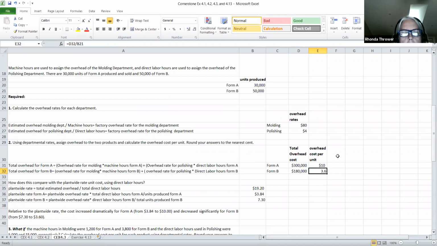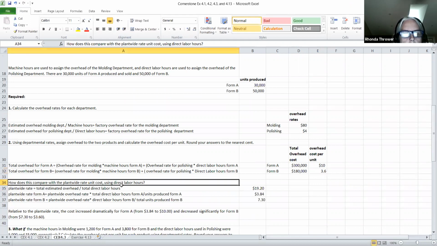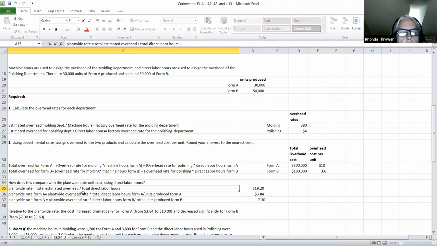Now, in this next part, they're just asking you a bunch of what-if analysis. It says, how does this compare with the plant-wide rate or unit cost of using direct labor hours? And so the plant-wide rate is your total estimated overhead divided by your total direct labor hours.